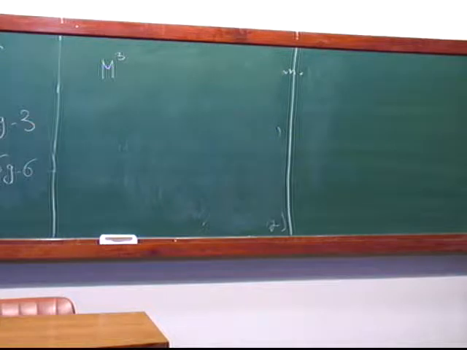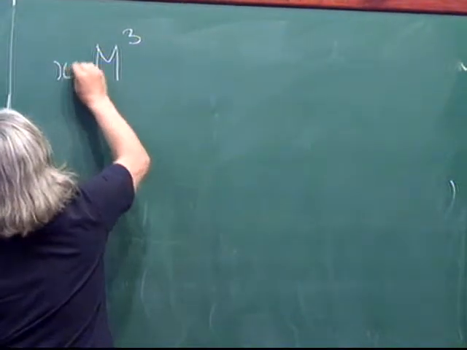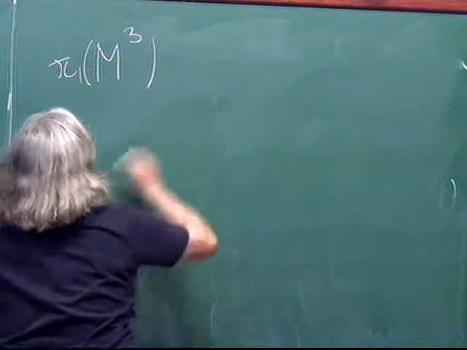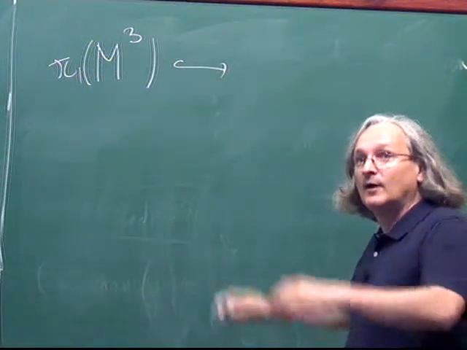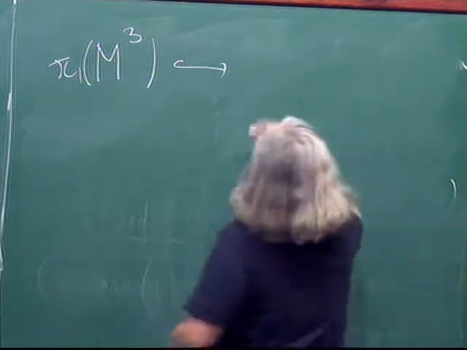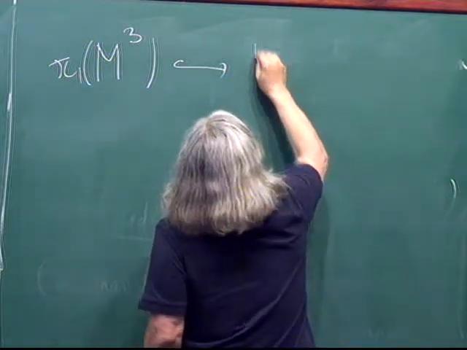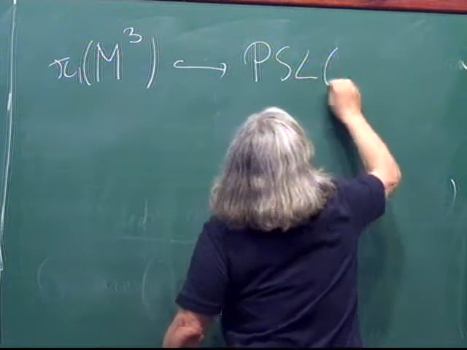And suppose that your 3-manifold is hyperbolic, which means that its fundamental group is a discrete subgroup of the group of isometries of the Poincaré ball. And the group of isometries of the Poincaré ball is PSL2C.